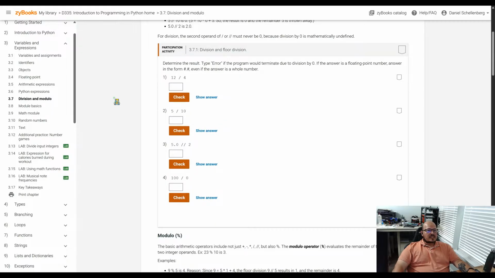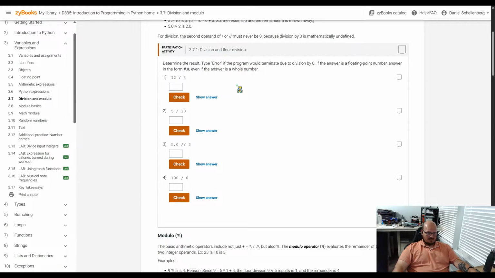All right. Determine the result. Type error if the program would terminate due to division by 0. If the answer is a floating point number, answer in the form pound point pound, even if the answer is a whole number. What? Does that make sense?